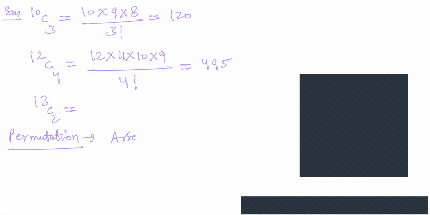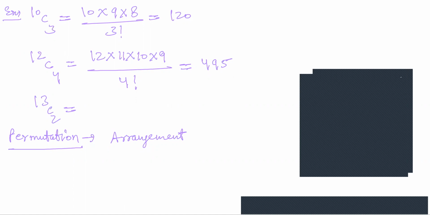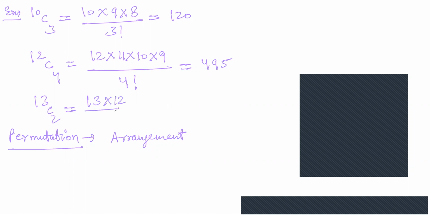Sir, for the shortcut method, we are just multiplying and then dividing by 3 factorial, right? Yes. Don't write it on chat. Yeah, Iram correct, it is 78. Yes, Safa correct, 78. So we just have to expand 13 2 times, which is 13 into 12 divided by 2 factorial, which is 78.